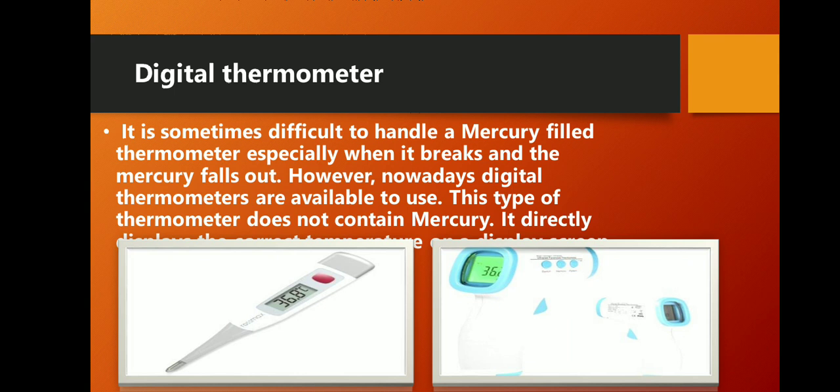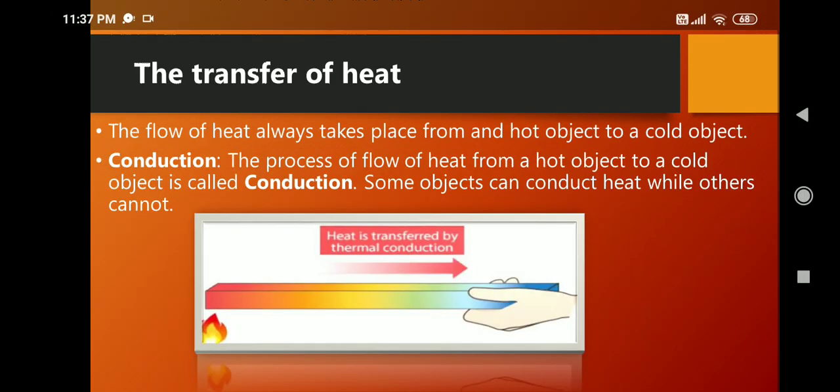Nowadays, when we go to any place in the season of corona, at most places we find a temperature gun by which we can measure the temperature of our body.